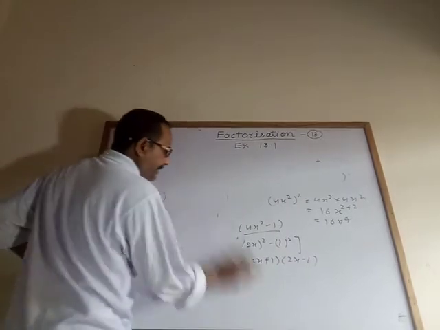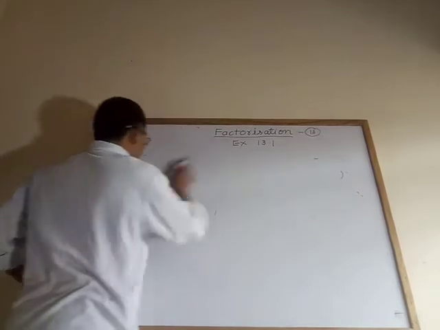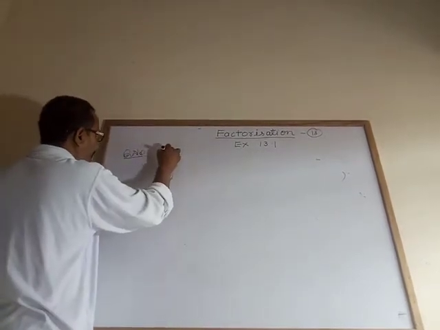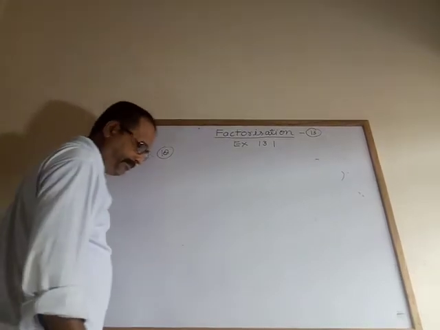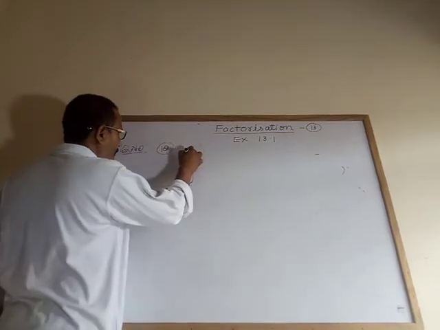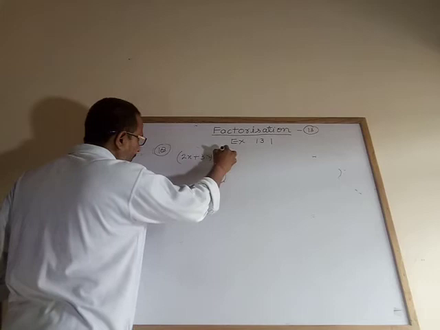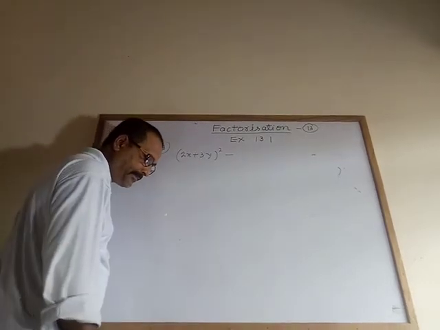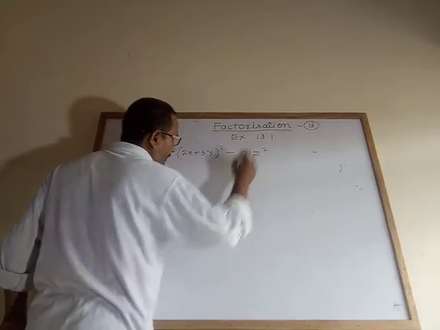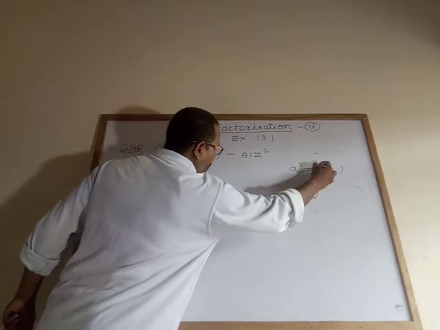Now question number 18. Given (2x plus 3y) whole square minus 81z square. See, again I am writing this identity, a square minus b square.